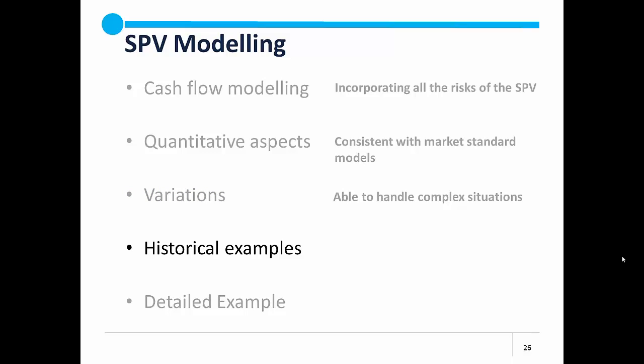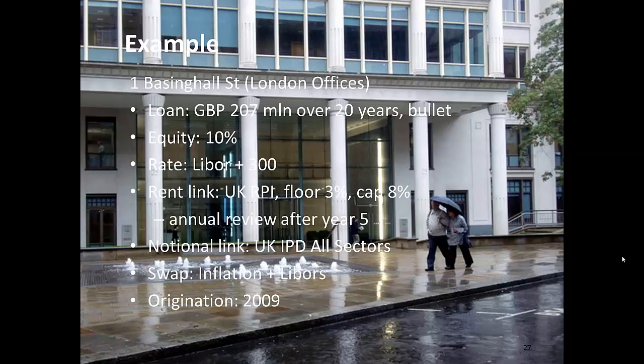Now, the pictures I showed at the beginning of this section were of the Øresund Bridge and Kansai Airport. I personally didn't work on either of them, but I'll just show you two pictures of projects that I did work on. So the first one is One Basingstoke Street. This is a London office building. It's actually the global headquarters of Standard Chartered Bank.